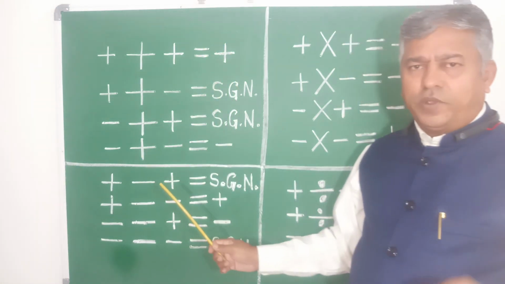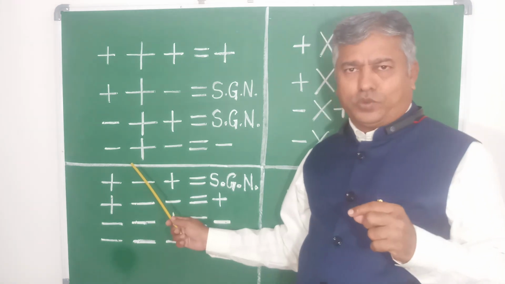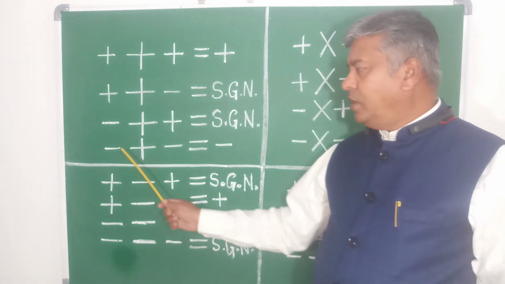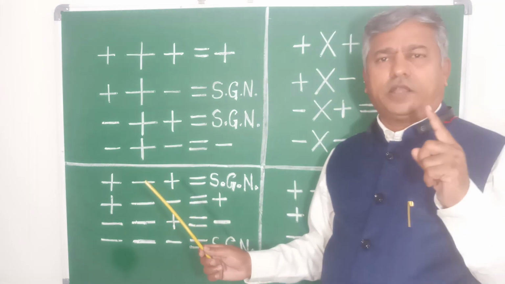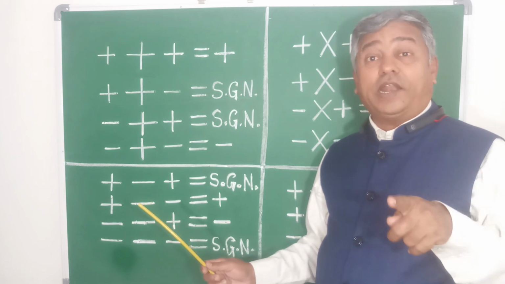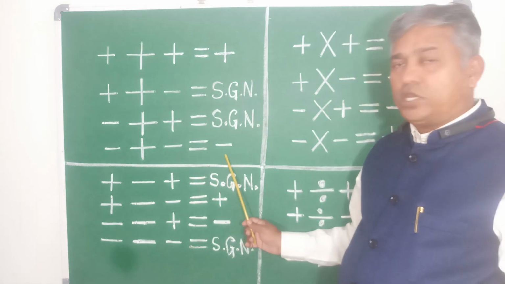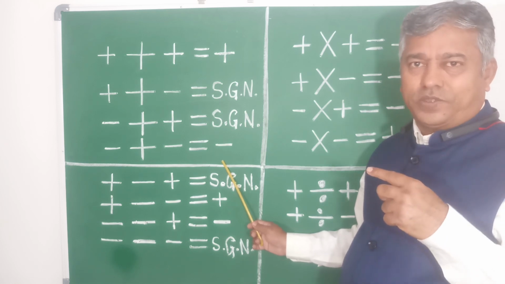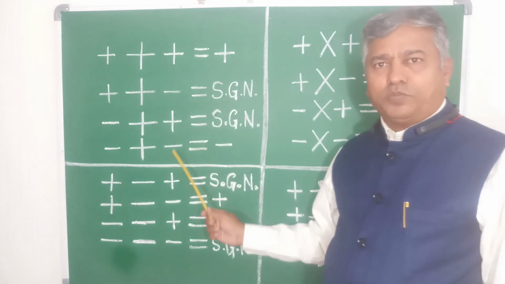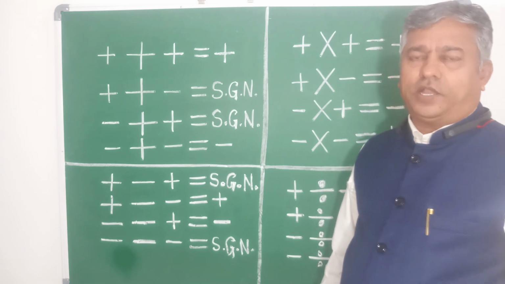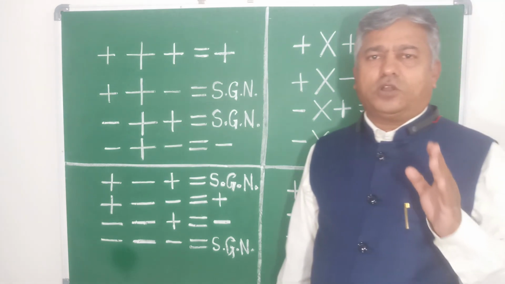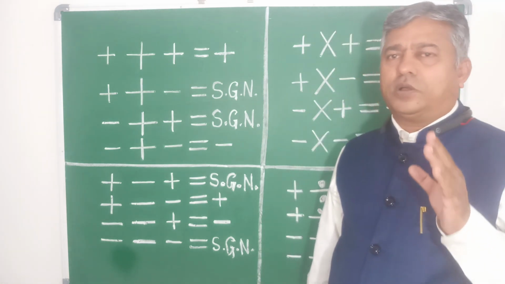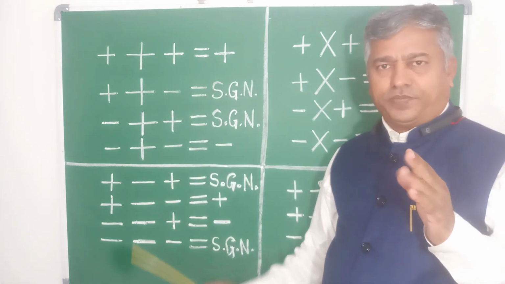And in the same way, the last one, the fourth one in the first part: if both the numbers are negative, then their addition is always negative and those should be added. Okay, the first part is clear. That is the basic operations of the addition form.